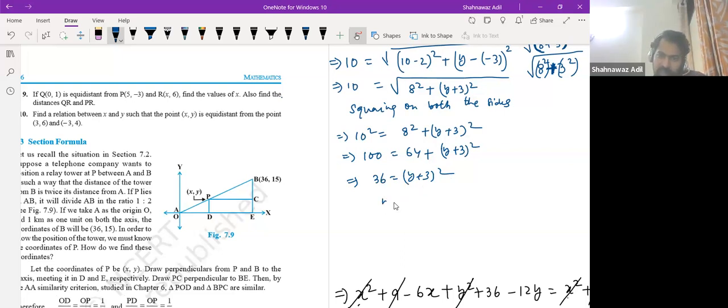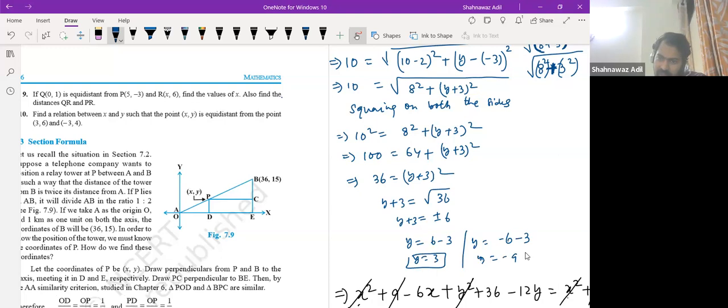This would be y plus 3 would be the root of 36, which is plus minus 6. So y would be 6 minus 3, which is 3, or y would be minus 6 minus 3, which is minus 9. These are two values.